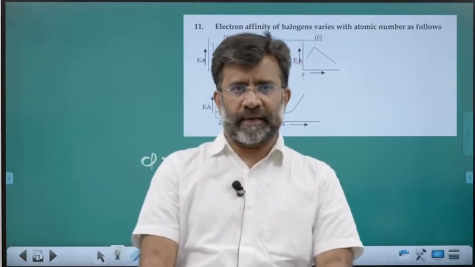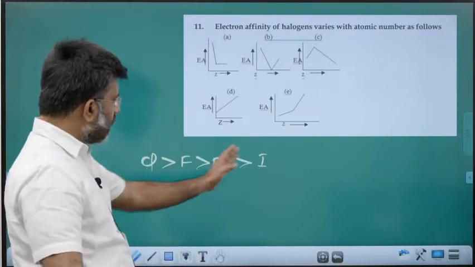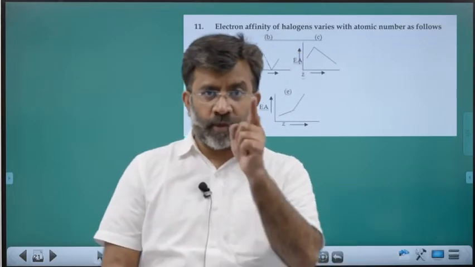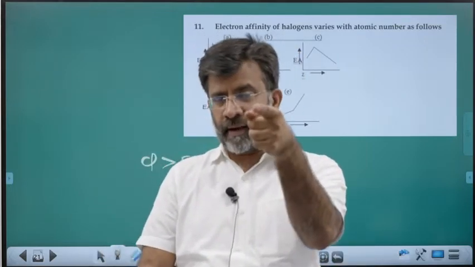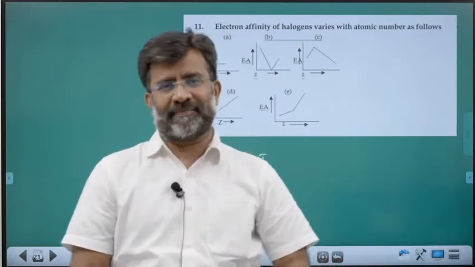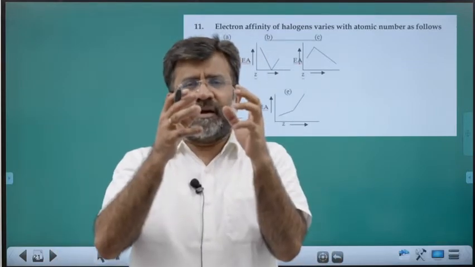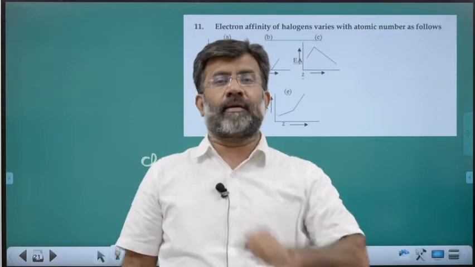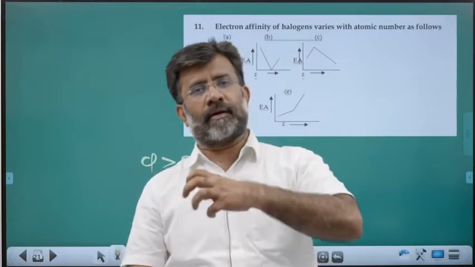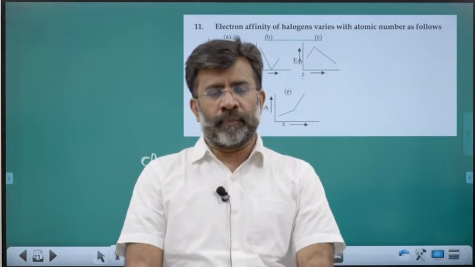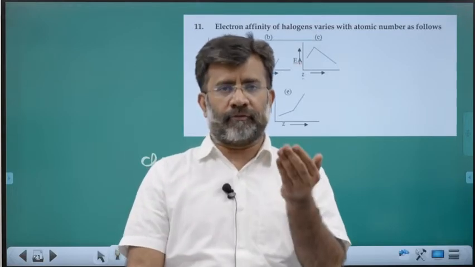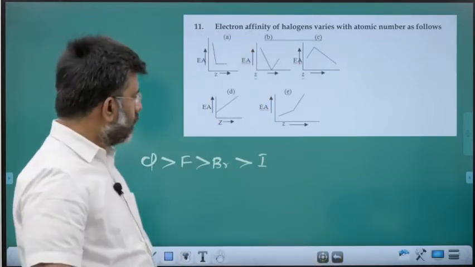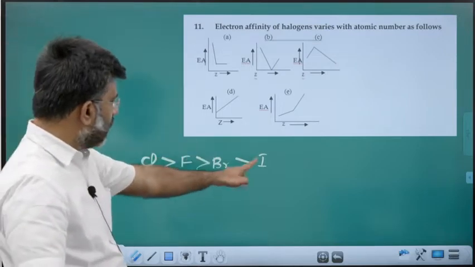All are having 7 valence electrons, in the 2p orbital in case of fluorine and 3p orbital in case of chlorine. In fluorine the orbital is small, and with 7 valence electrons there is interelectronic repulsion when you try to add an electron. Even though the expected electron affinity is greater for fluorine, it comes only after chlorine. Chlorine is maximum, then fluorine, then bromine, then iodine.